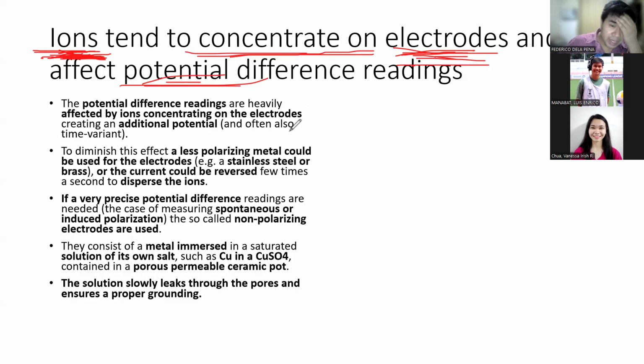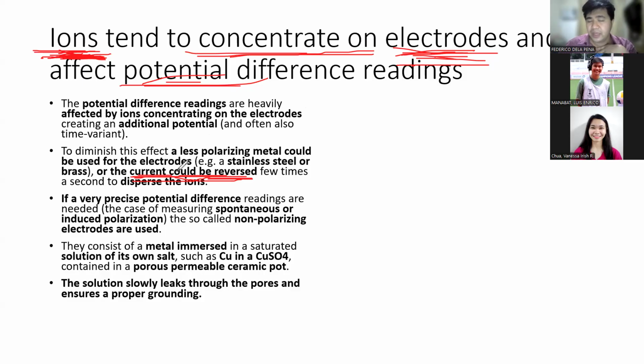The workaround here, the simplest way and the most commonly done way, is to simply flip the current a few times a second to disperse the ions. This is the most commonly done, even in the most advanced resistivity methods.